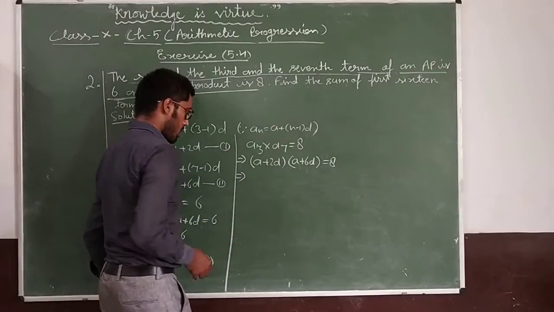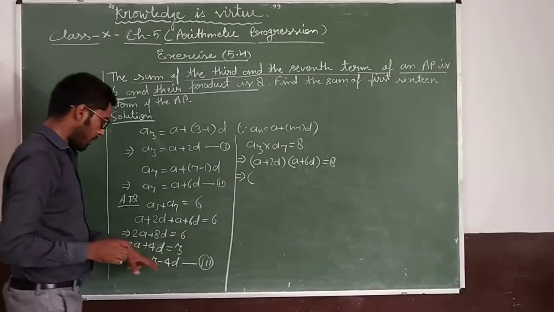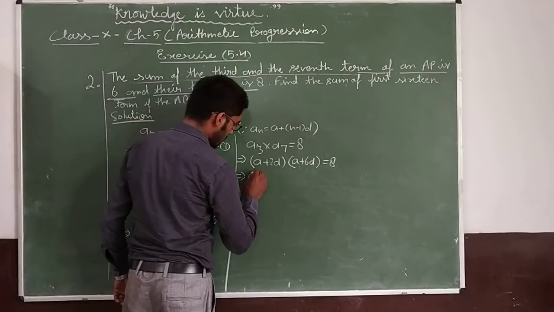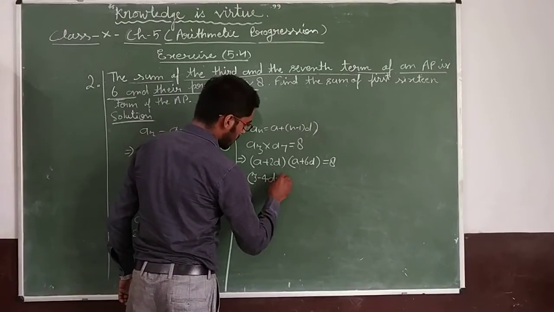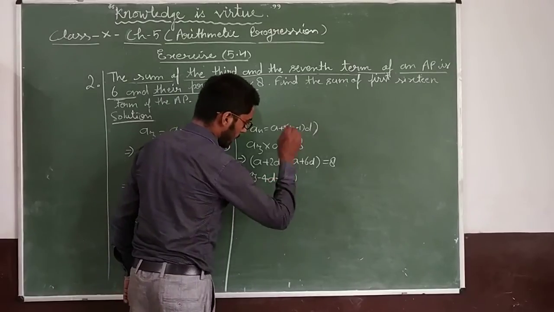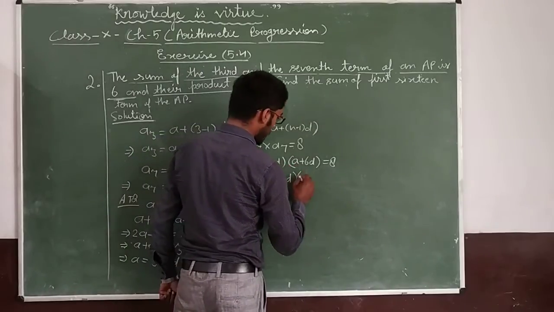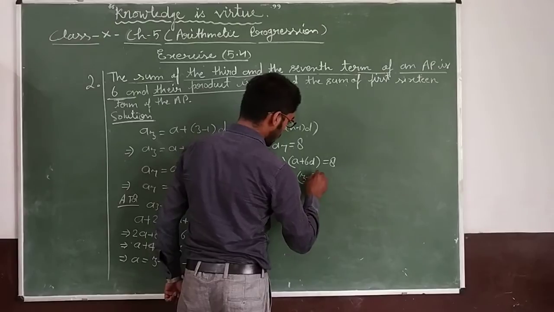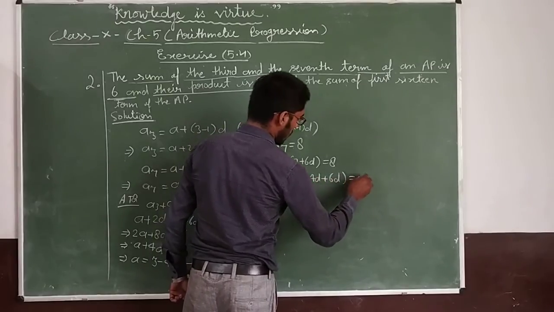So you can put the value of A: 3 minus 4D plus 2D, close the bracket, and another bracket, A. Then the value of A is 3 minus 4D plus 6D is equal to 8.